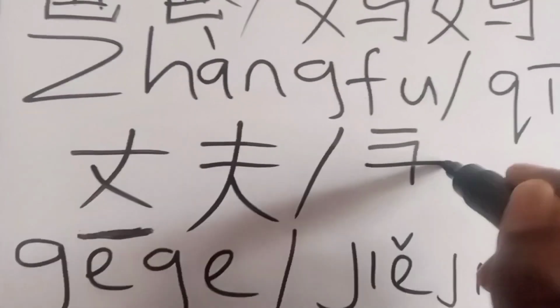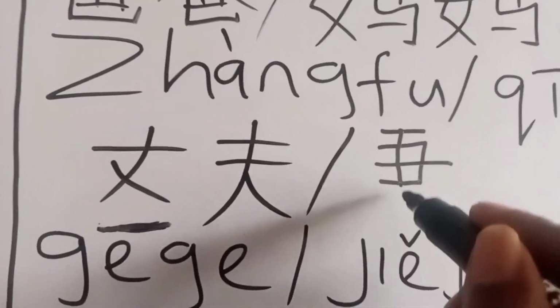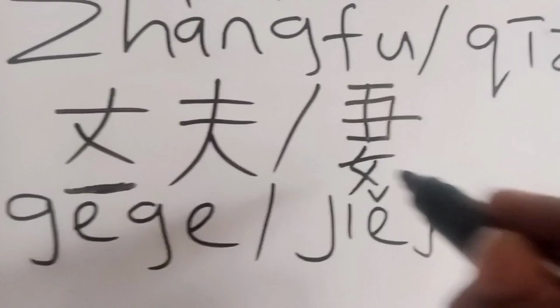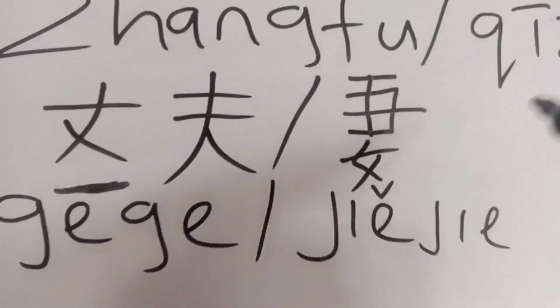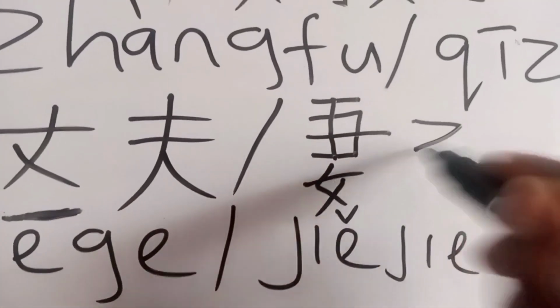Very complicated character, I have to say. Bring this down and write this under. You have that radical in 好. Then this is qi. The zi is just like this.